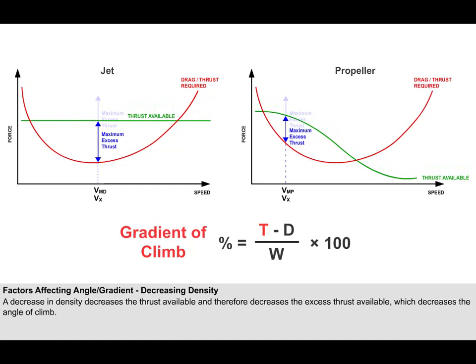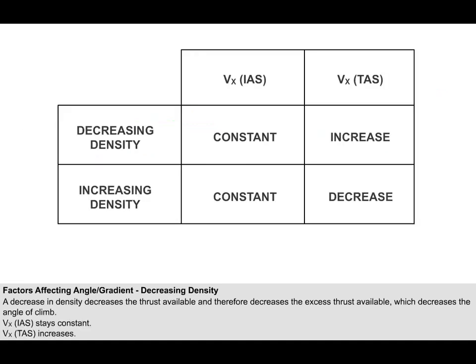An important point to note is that Vx remains constant with changes in density. However, you will recall that when density decreased, true speeds increased. So, although the speed Vx is constant with decreasing density, the true airspeed for Vx will of course increase.